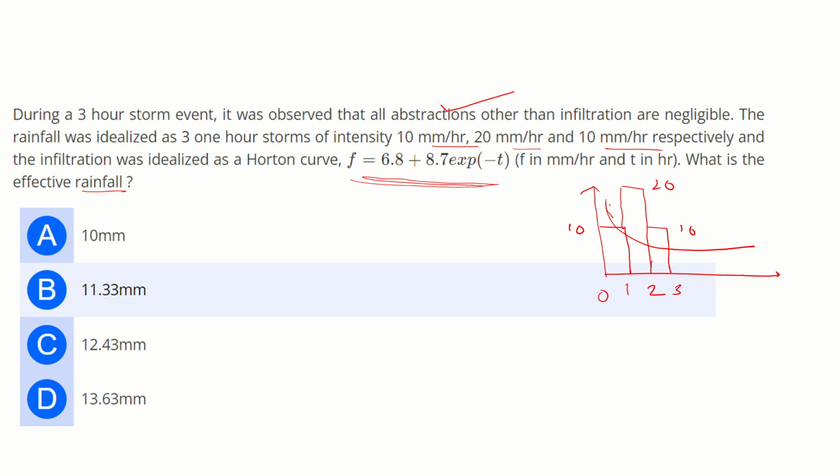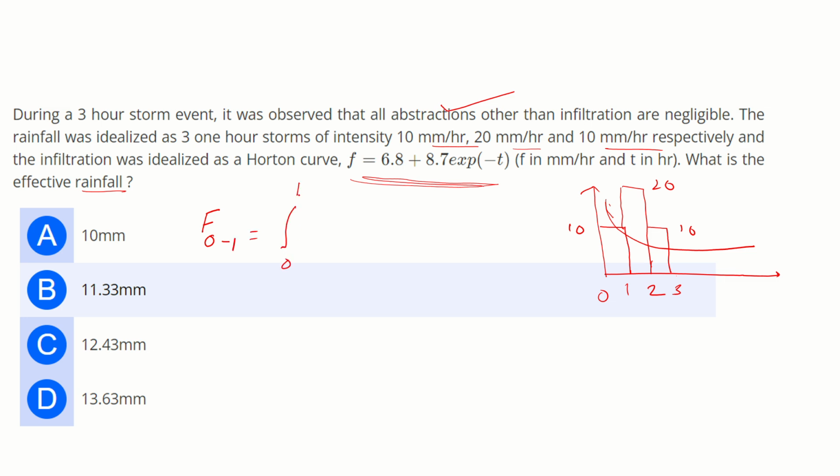ठीक है, कैसे करेंगे? First let us see कि ये जो 3 आवर हैं, 0 to 1, 1 to 2, 2 to 3, इस ड्यूरेशन में टोटल इन्फिल्ट्रेशन कितना हुआ है. तो इन्फिल्ट्रेशन ड्यूरिंग 0 to 1 आवर क्या होगा?